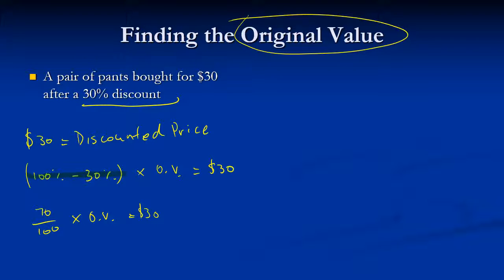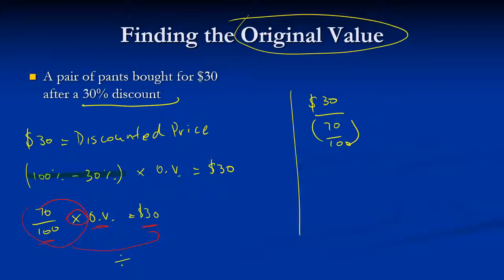Now I've got this problem of this multiplied by here. So I've got an unknown, unknown, and unknown. And I want to bring all my knowns onto one side of the equal sign. So I'm going to have to move that to there. Now the opposite of times is divide. So I'm just going to divide. So over here now, $30 divided by 70 over 100.